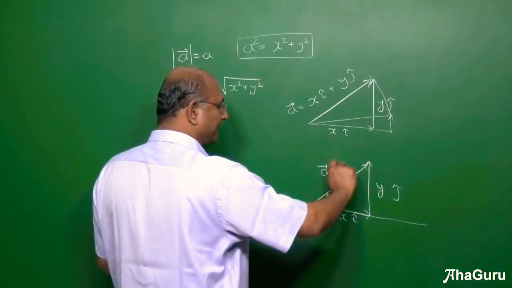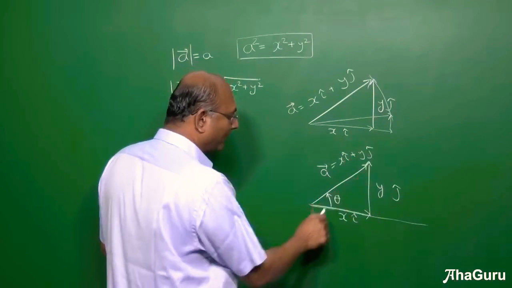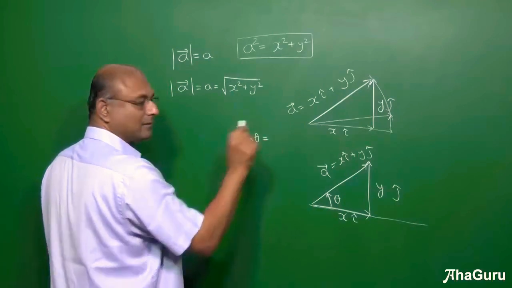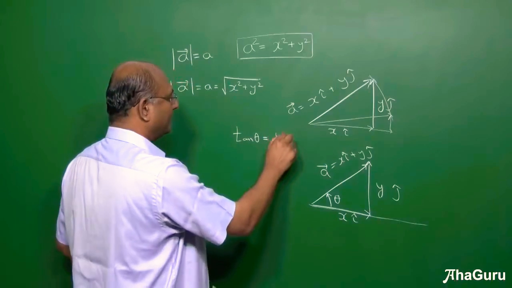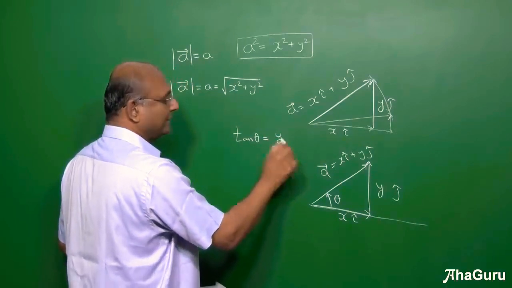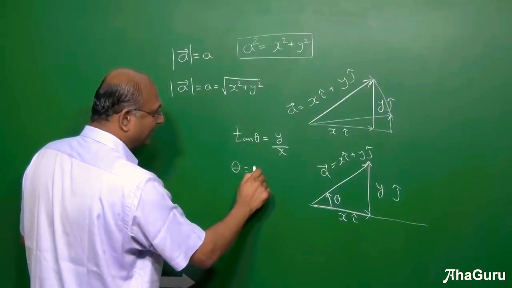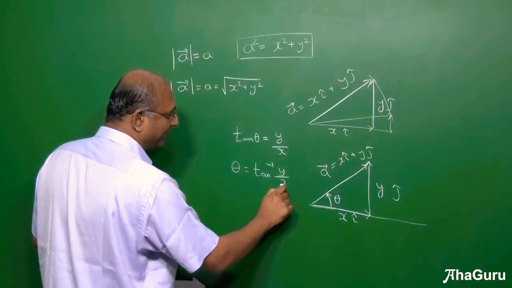Right? This vector is x i cap plus y j cap. What is tan of theta? y by x. So we say the angle theta, you just simply reverse this and you say theta is tan inverse of y by x.